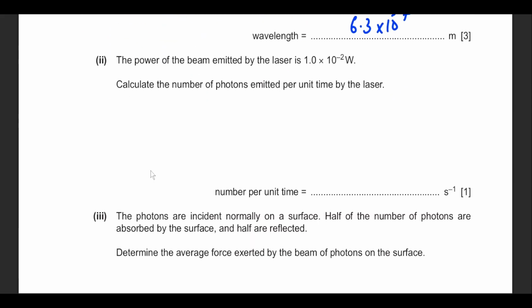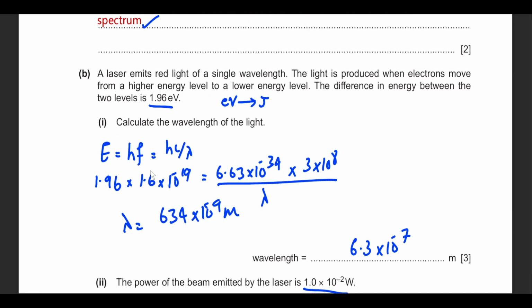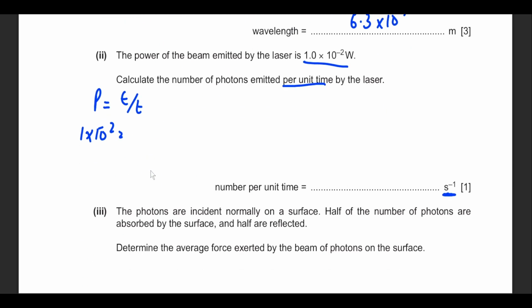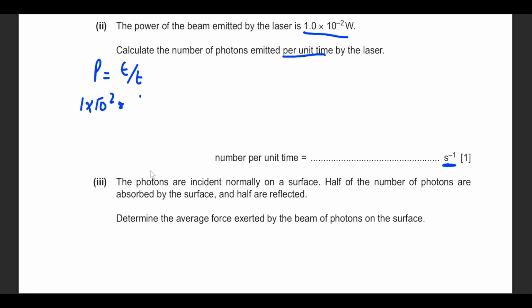He says the power of the beam is this, and asks for the number of photons emitted per unit time, in 1 second, as opposed to the unit given to us as well. So this will be power equals to energy divided by time. Power is 1 into 10 raised to the power minus 2. Energy is what we're trying to find out, or is given to us about the 1 photon, which is 1.96. So 1 photon brings in 1.96 into 1.6 into 10 raised to the power minus 19.